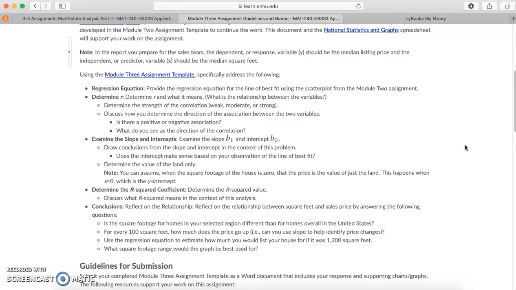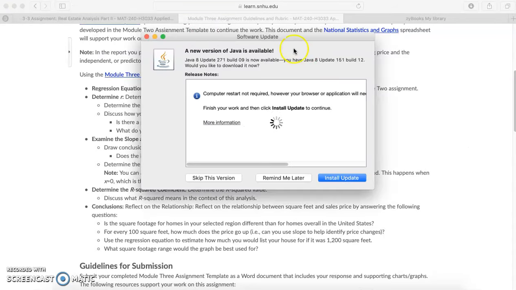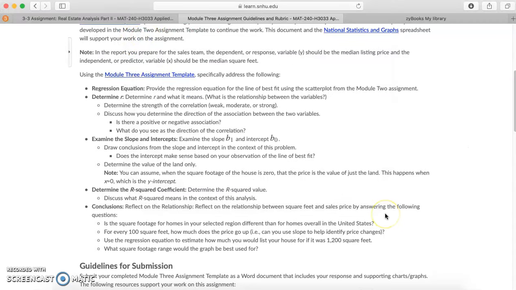In any situation, business or school, take a step back and think about what makes sense. Would I want to predict the square footage based on the listing price? No, I can't really see much of a business need for that. However, if we were brought a house that we wanted to list or have some idea of what range we should be looking in, it would make sense to use the square footage to help predict the listing price.